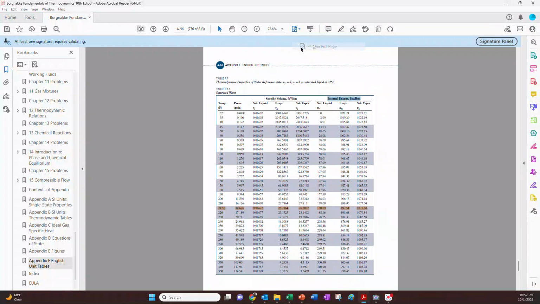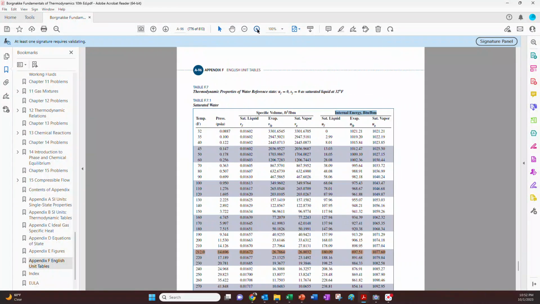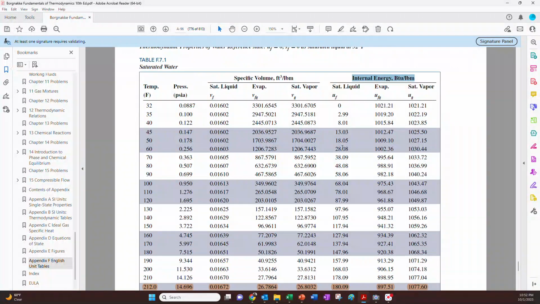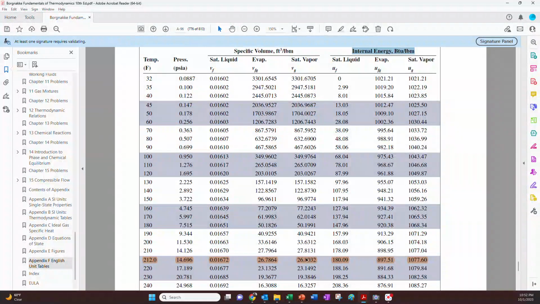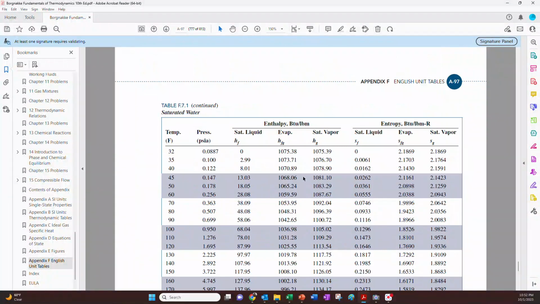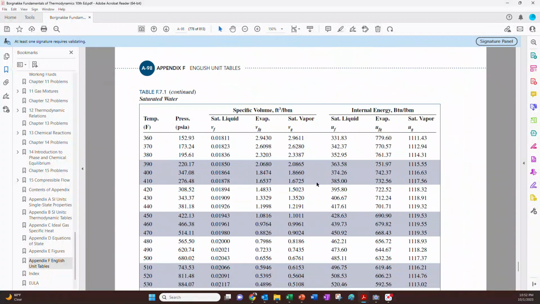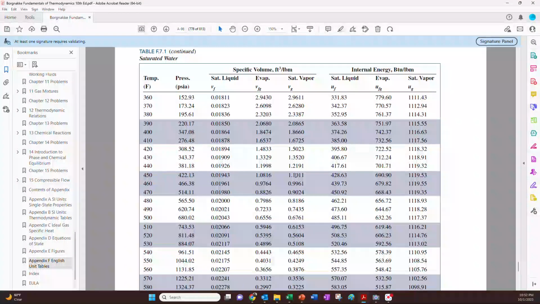So let's see. We're looking for 1.57 out of this column, which we don't see anywhere in here, and we have to go to the next portion of it. Oh, right here, between here and here.